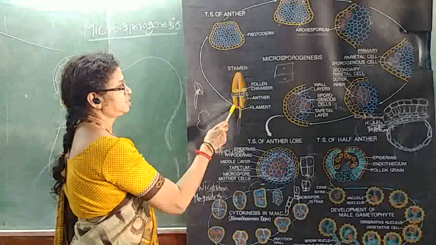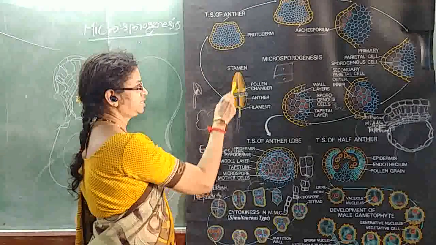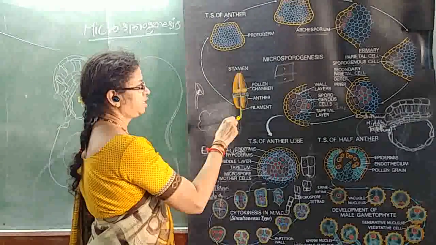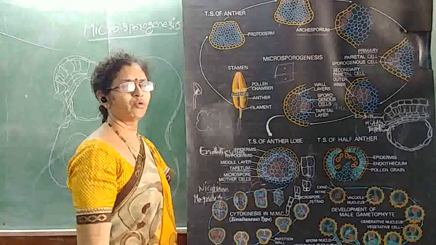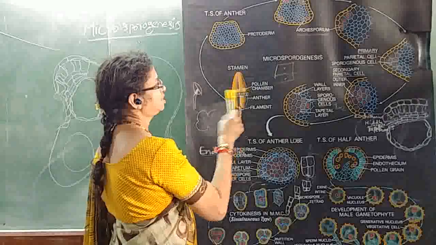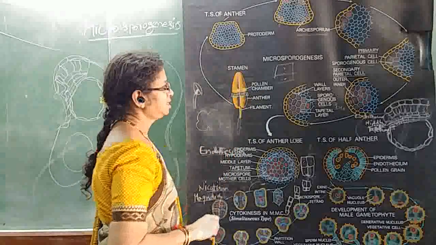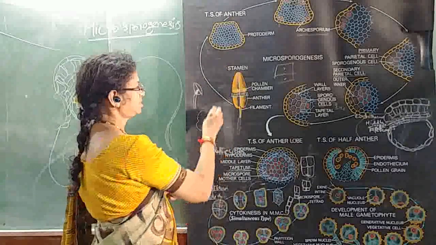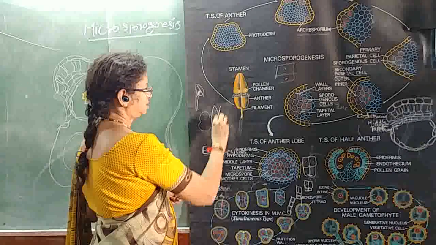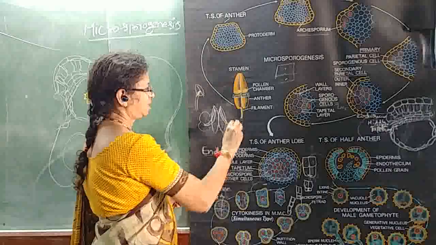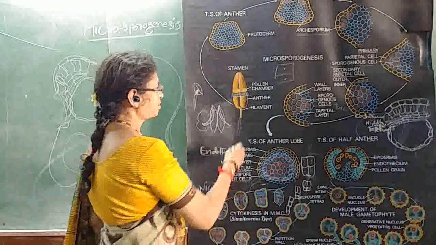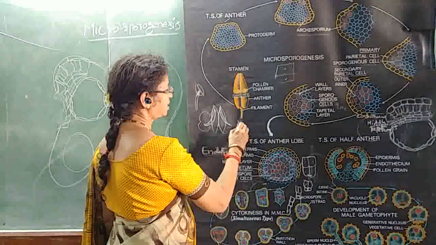So these spores are released outside of the anther at the time of dehiscence. At the time of dehiscence, the anther lobes dehisce longitudinally like this, or in monothecous anthers, they dehisce transversely. In some cases, the anthers dehisce like this, valvular dehiscence, or in some cases, the anther dehisces like this.